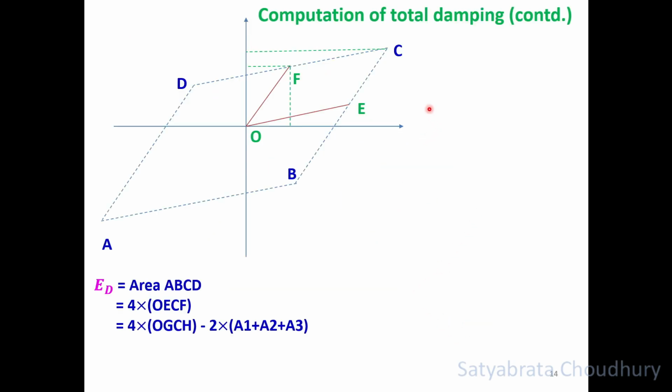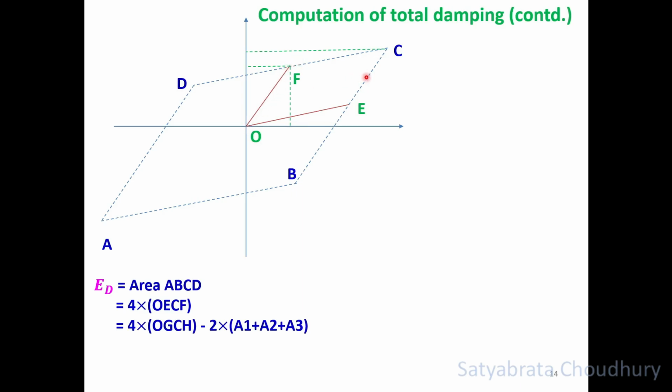So we have taken this same parallelogram again here, which is ABCD. We want to get the area of ABCD so that we get the ED, the energy dissipated in the hysteresis. We take another small parallelogram here using the yield point, performance point, and the line drawn parallel to this, which was obtained when getting the yield point.